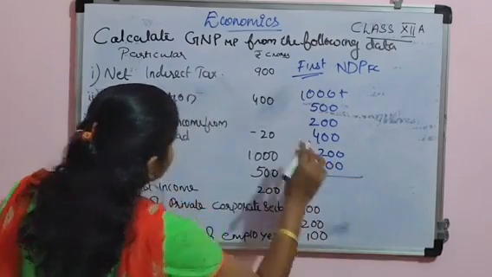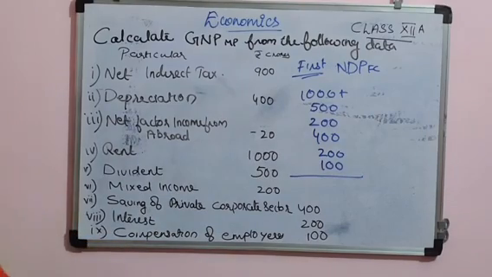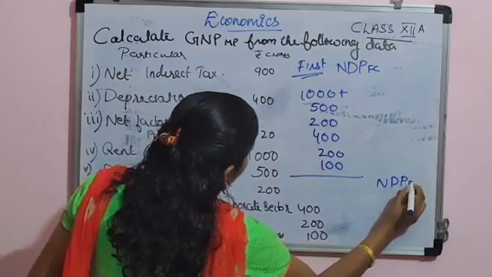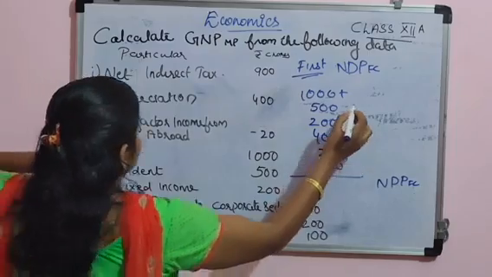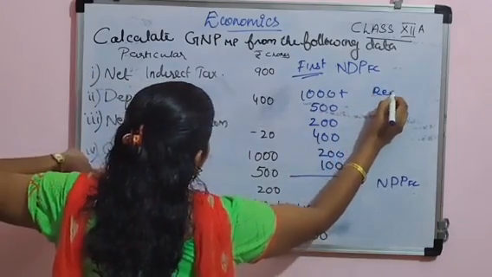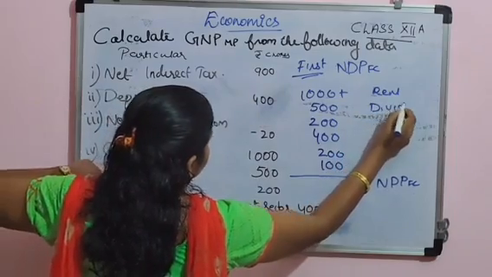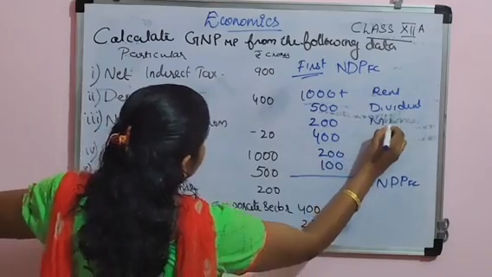So when we add all these things, we will get NDPFC. This is the first step. Here I am writing the corresponding values. This is rent. Then 500, that is dividend. Then 200, that is mixed income.